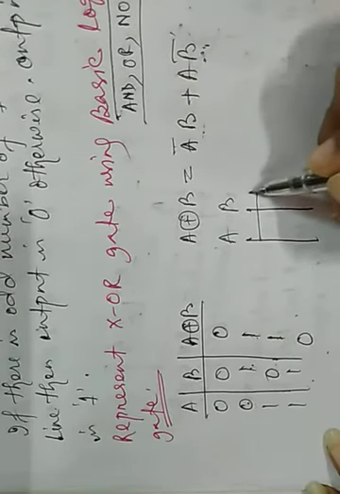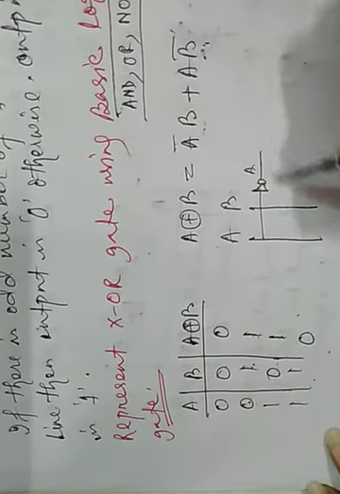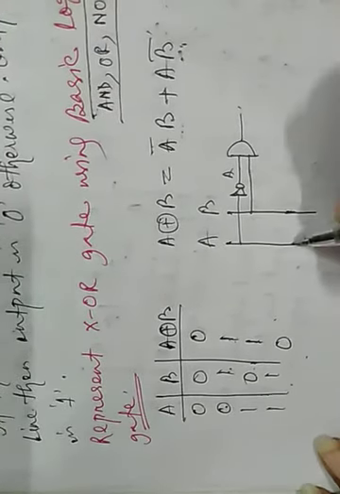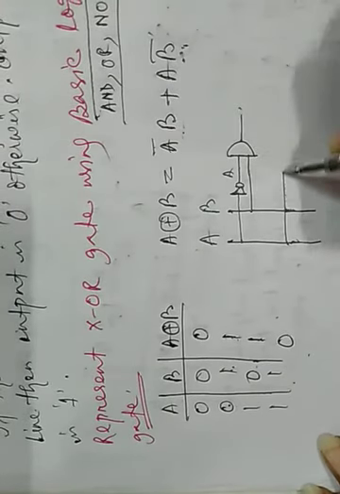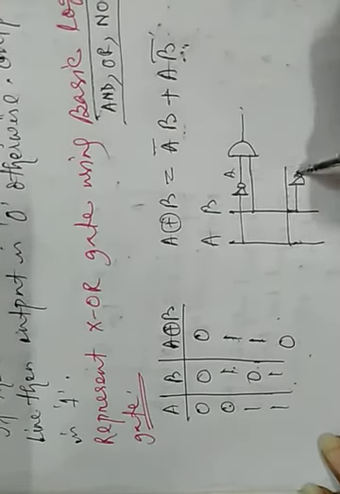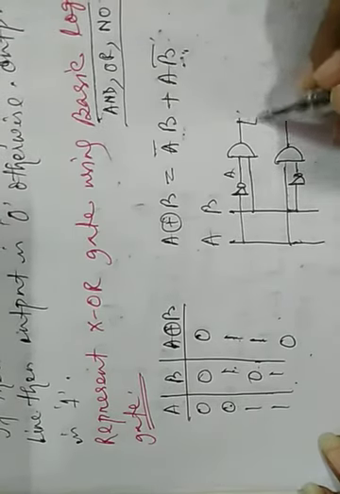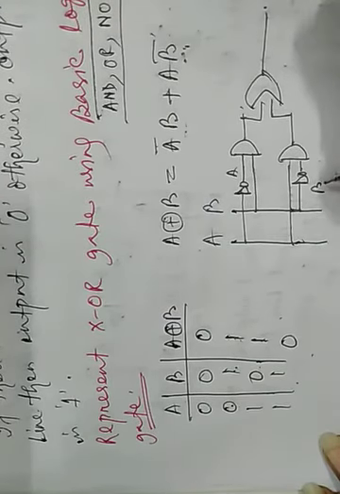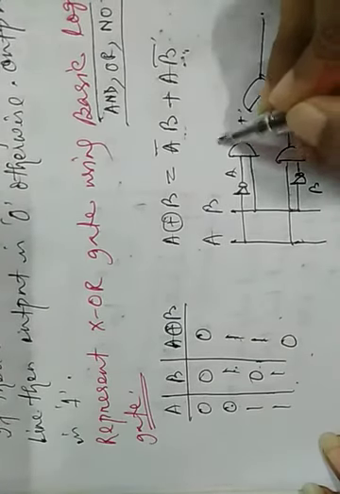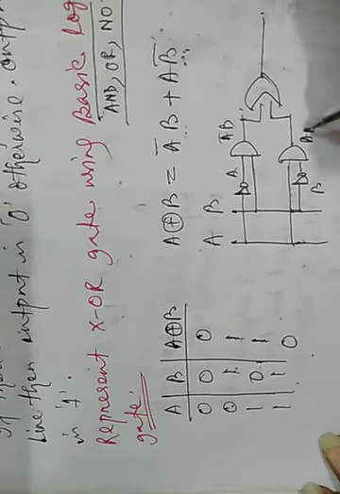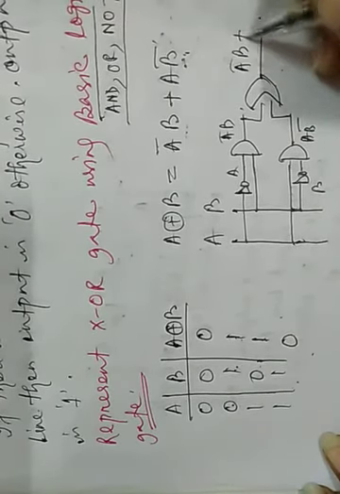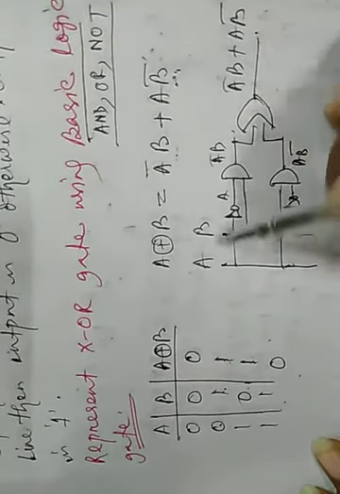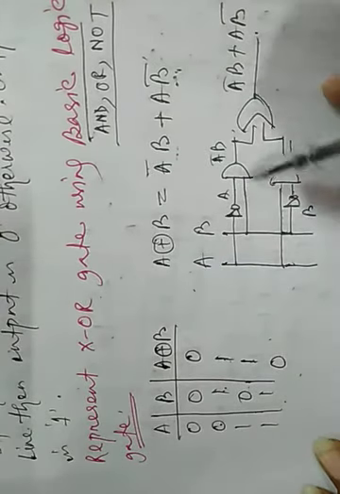A bar, B with an AND operation, and A, B bar with an AND operation, and these two with an OR operation. So it is A bar B plus A B bar. Okay, so this is the representation of XOR gate using basic logic.